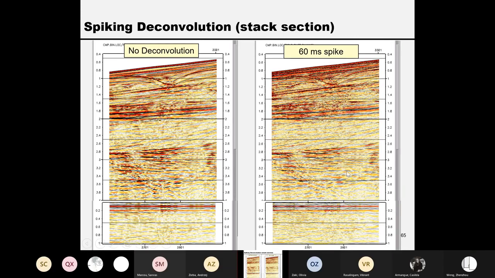if it's too short, of course we narrowed the zero lag autocorrelation. It's much narrower. This one is wide vertically, but it's narrower. And you have effects between the zero lag and the first dominant period.